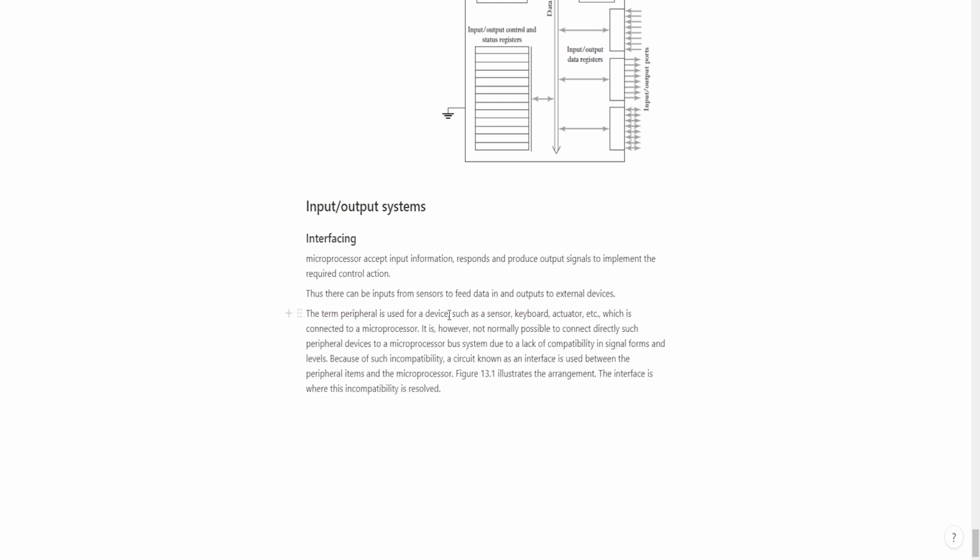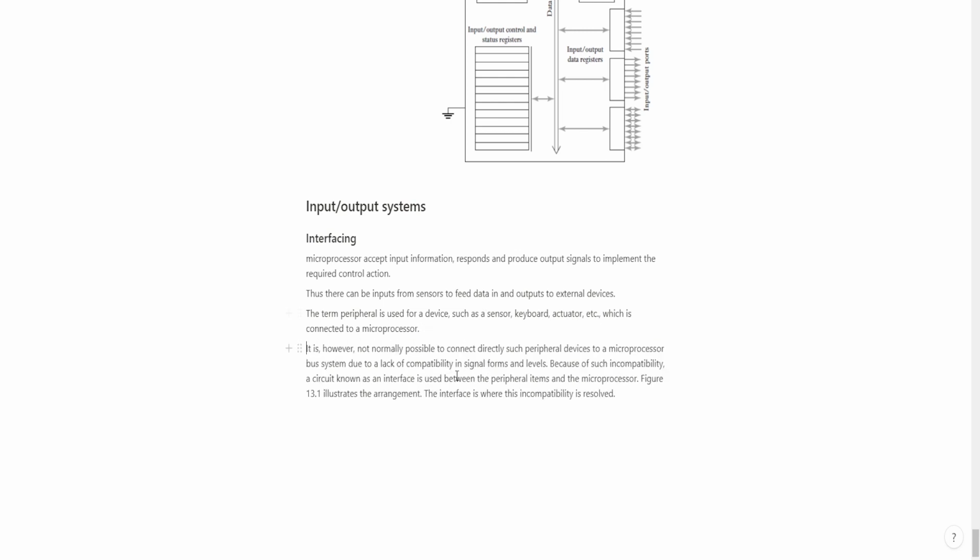The term peripheral is used for a device such as a sensor, which is connected to the microprocessor. Peripherals are not connected directly to a microprocessor bus system due to lack of compatibility.